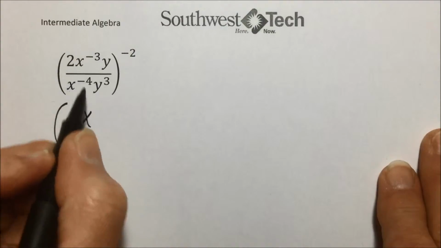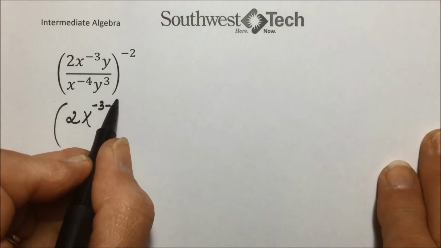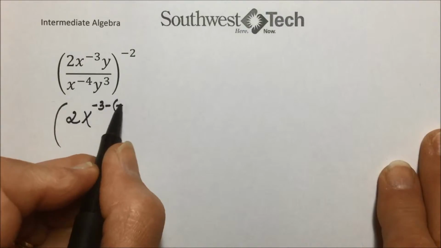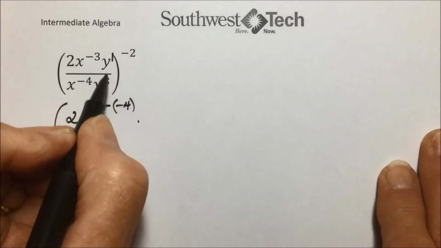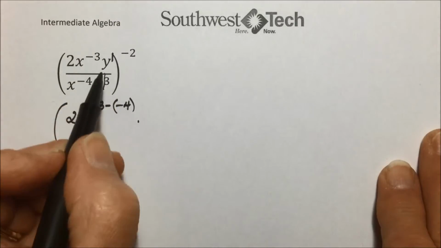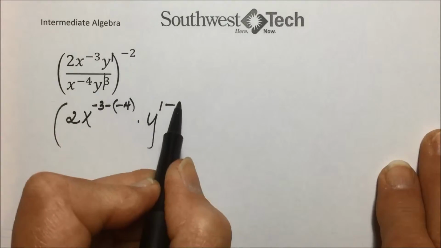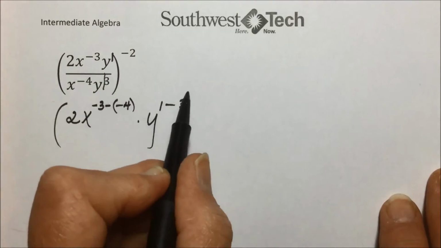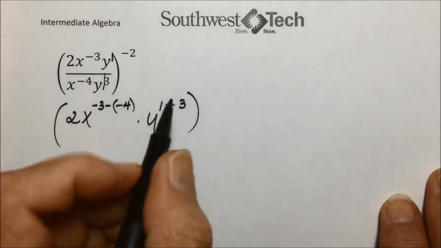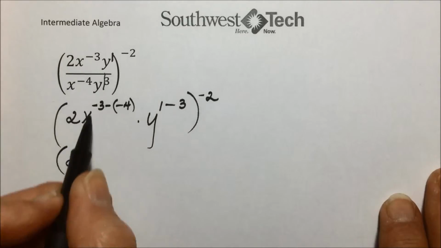So we'll have x to the top power, -3, minus the exponent in the denominator, times common bases with our y's, y to the first minus the exponential power in the denominator of 3. Simplifying, and this is still to the -2nd power, so we have a 2.